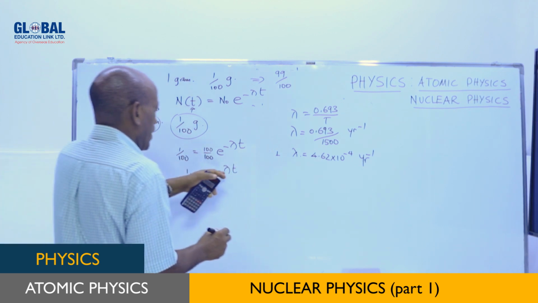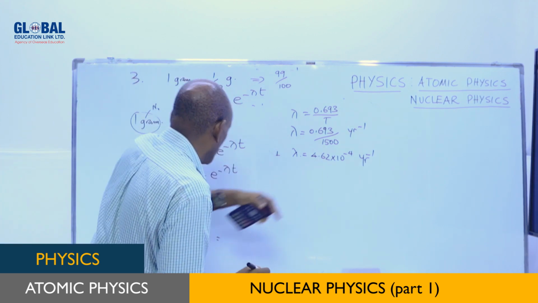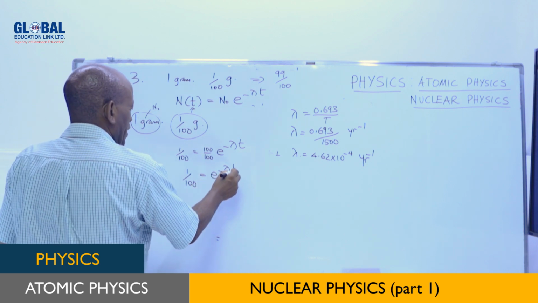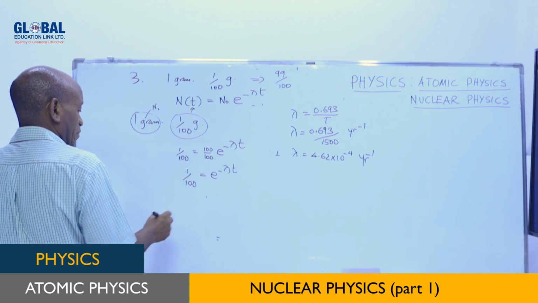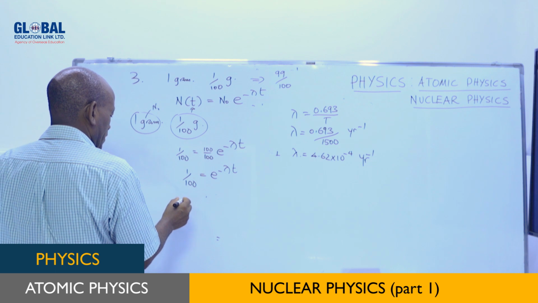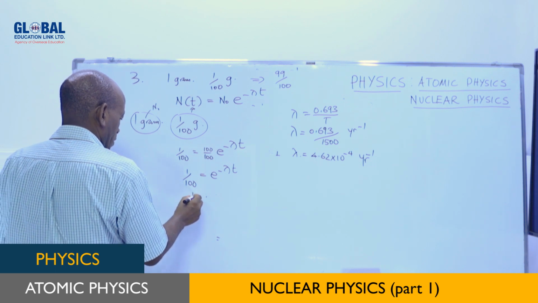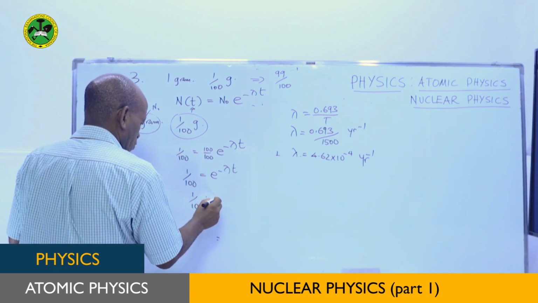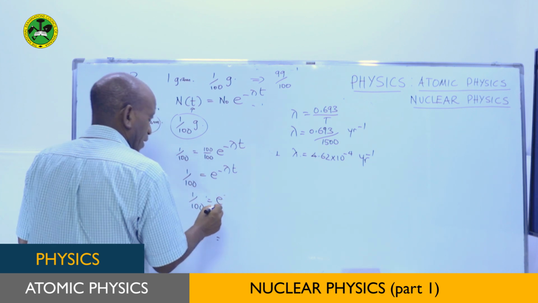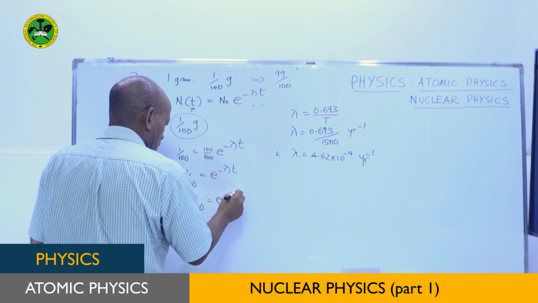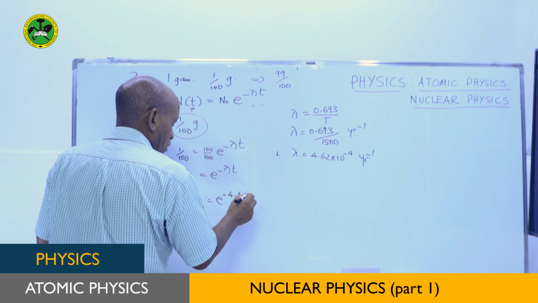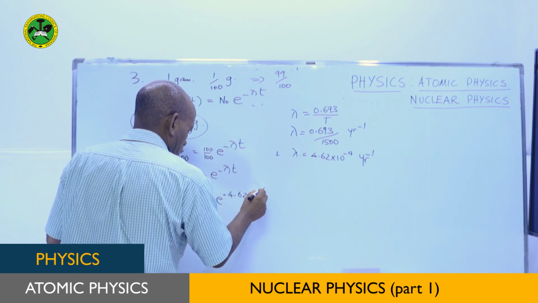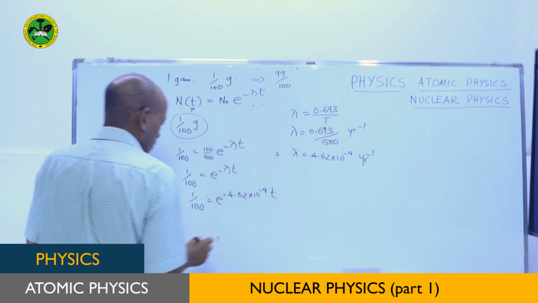And the value for lambda is obtained, which is equal to this much, and therefore we just need to look for the time t. So you'll be having 1 over 100 equal to e power minus 4.62 times 10 power negative 4 times t.